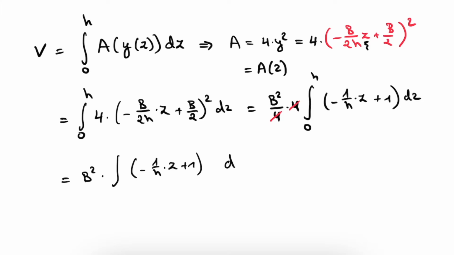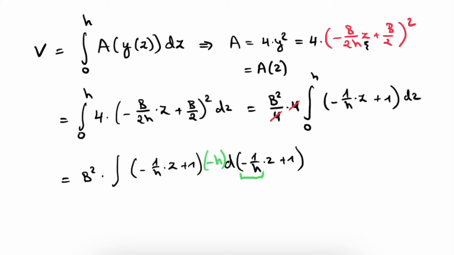And now we want to have the same in our differential, so minus 1 over h times z plus 1. This plus 1 doesn't matter because in a differential we can always add or subtract any constant numbers. However, we need to compensate for this minus 1 over h. And we compensate for this by simply multiplying by minus h, because then this simply just becomes dz again.